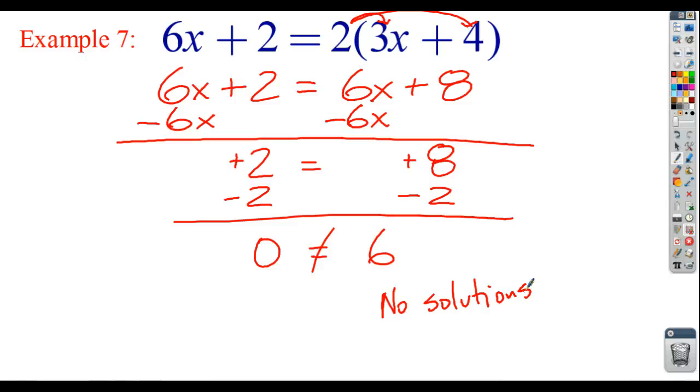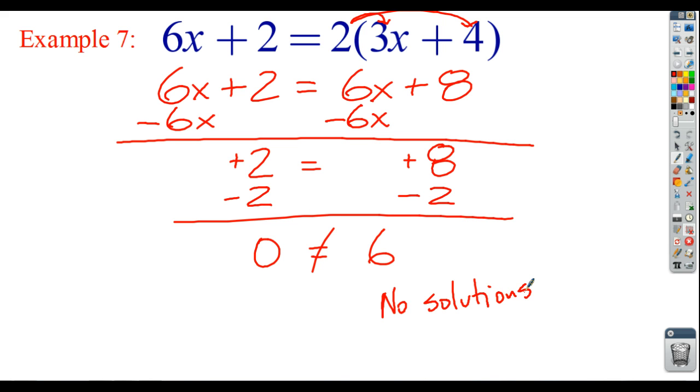Or let's say you have $20 and your brother has $15. If your mom and dad give you each the same amount of money, you will never have equal amounts. You'll always have more than your brother. So that's the whole idea, is that they just cannot balance. There's no way for these things to balance out.